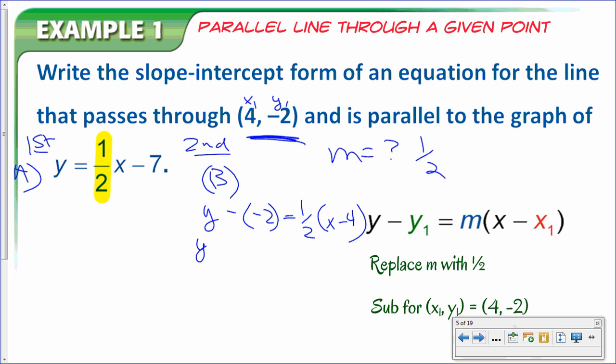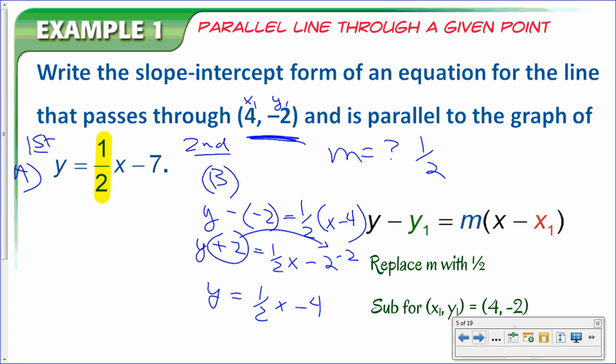Y plus 2, good. Oh, wait, 1/2 x minus 2. Minus 2, good. Now, what would I do? Move this over there, which makes it a negative 2, right? Simplify it, y equals 1/2 x minus 4, good.